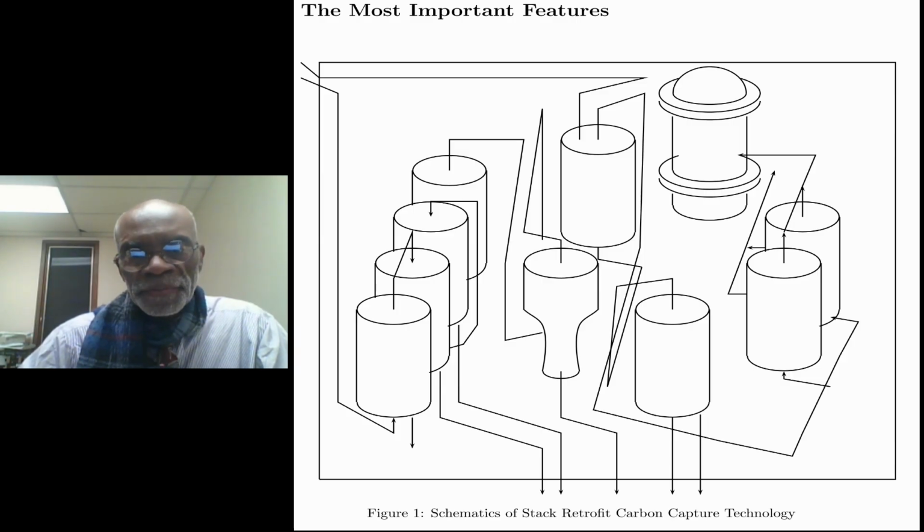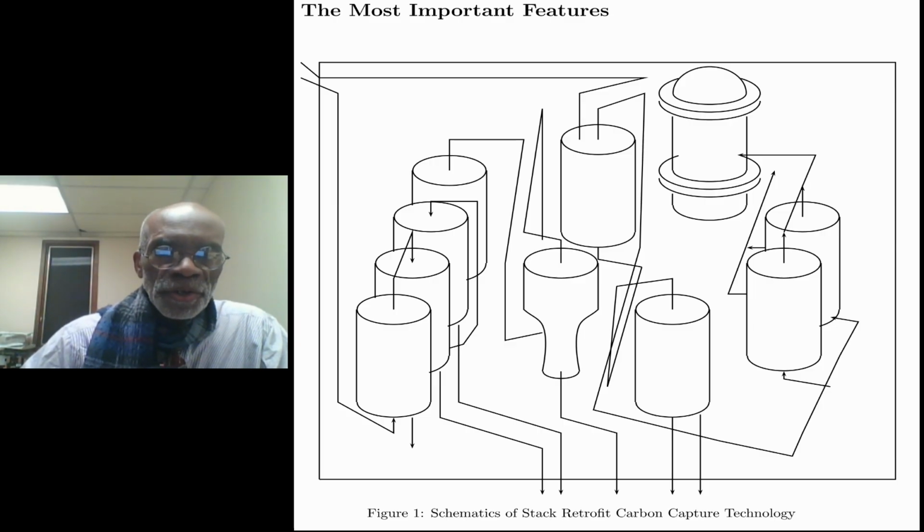The schematic drawing leaves out some of the designs. For instance, the power generation plant is not shown, and the retrofit mechanism affixing the process to the stack is also not shown.